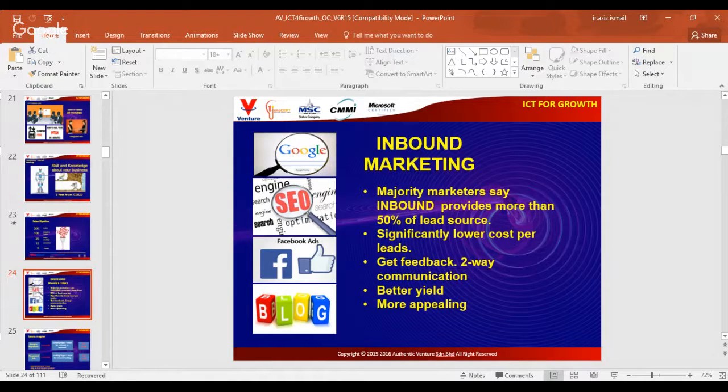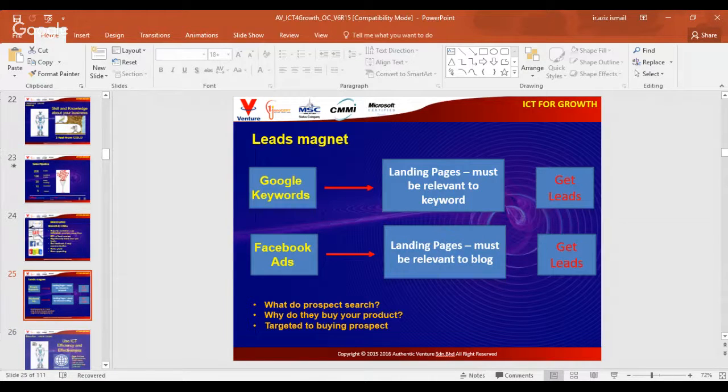So one of your homework after this is look at your marketing, how much is inbound and how much is outbound, and you can see the percentage and start adjusting to increase your inbound marketing budget. And of course, you need to learn how to use the leads magnet, how to use the landing pages, Google, website, and all that. So this one will be covered in another session.